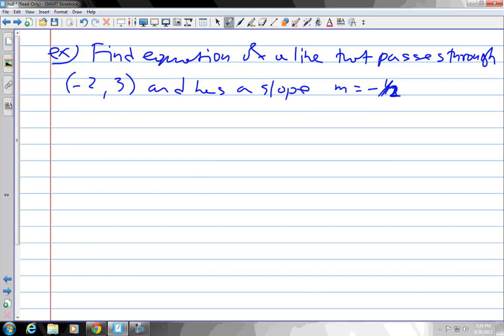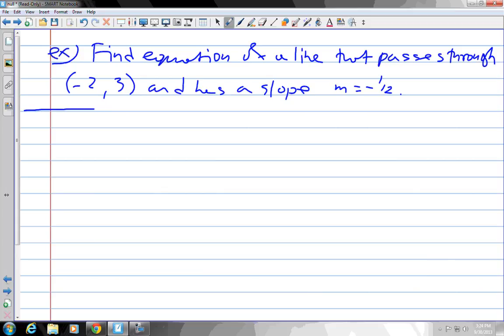Looks ugly. So we have all the necessary pieces in order to find the equation of a line.